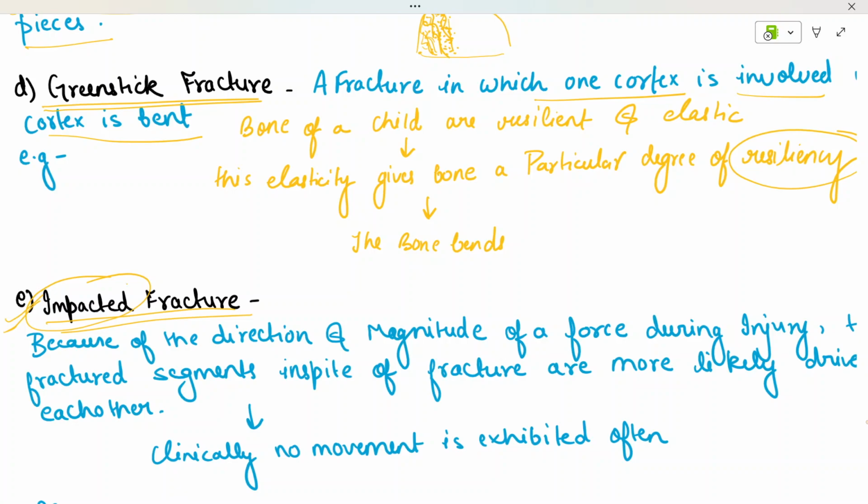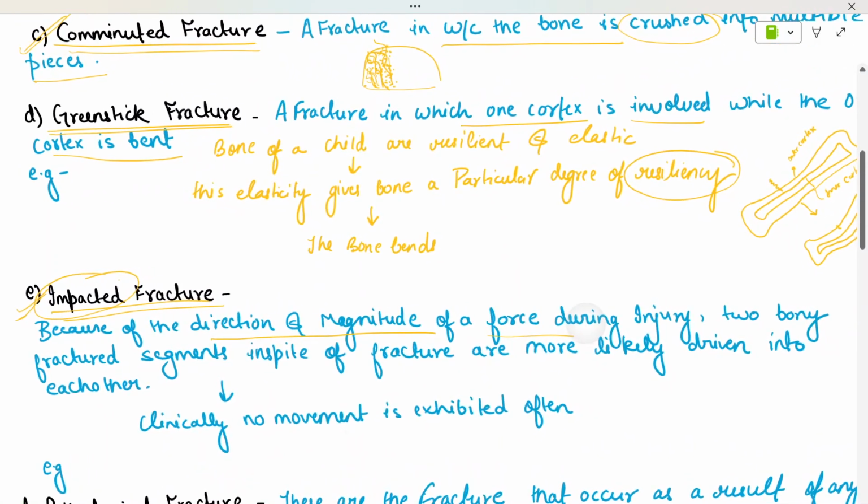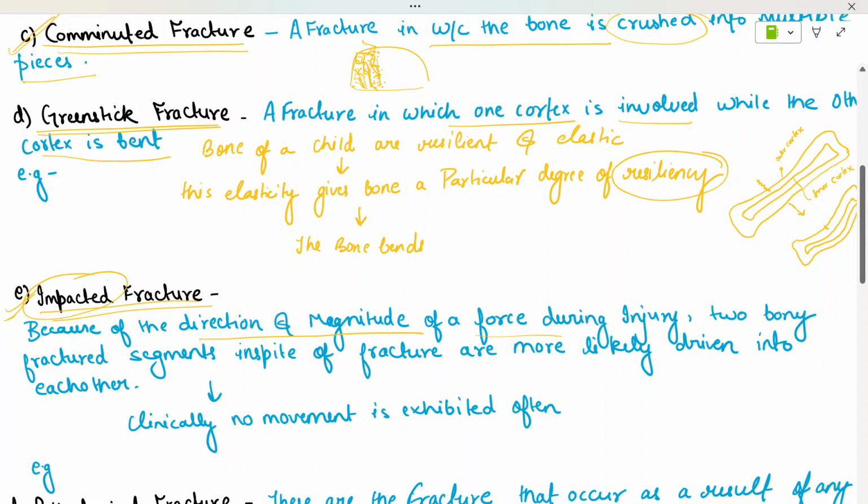Because of the direction and the magnitude of the force during injury, the two bony fractured segments, in spite of the fracture, are driven into each other. The two bones will fracture, but they are merged into each other. That is why this fracture is known as impacted fracture.